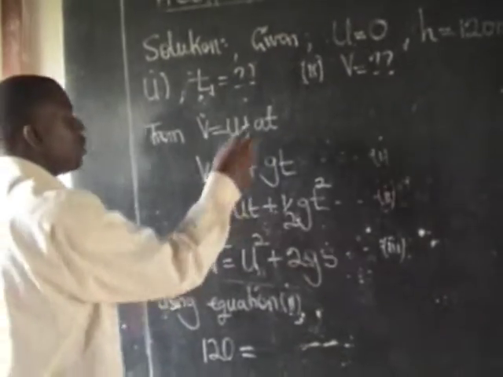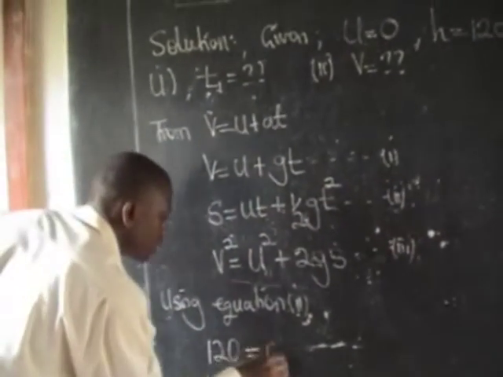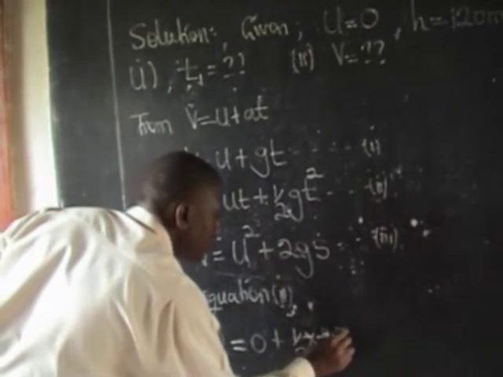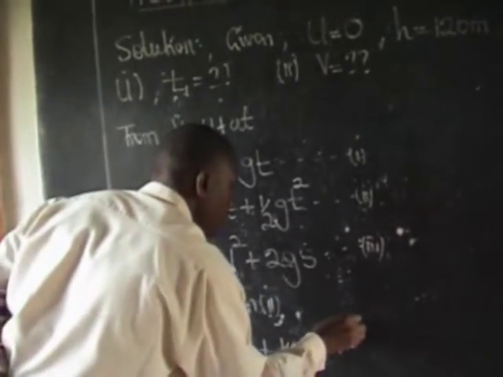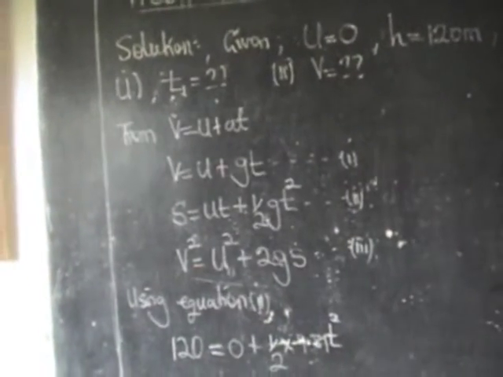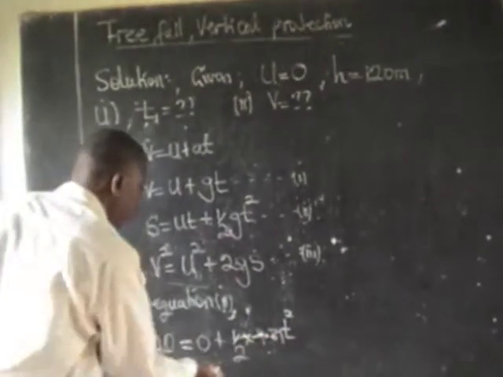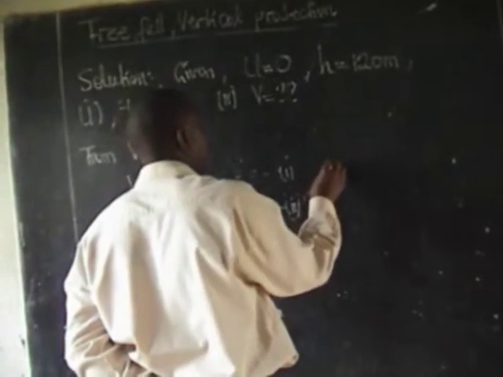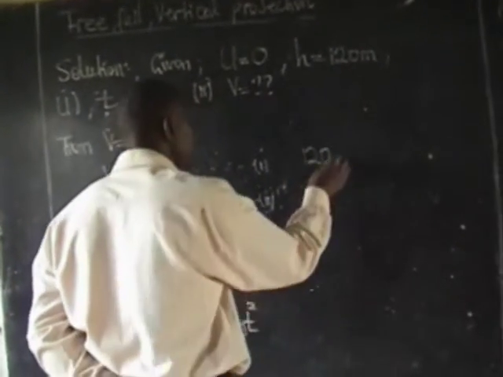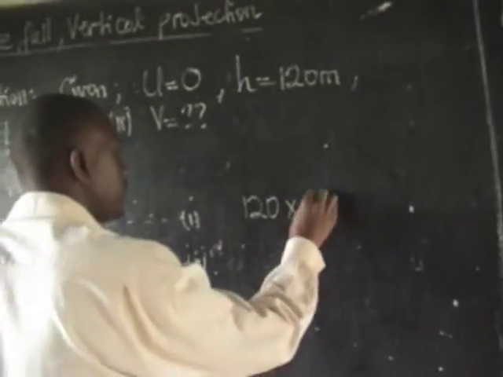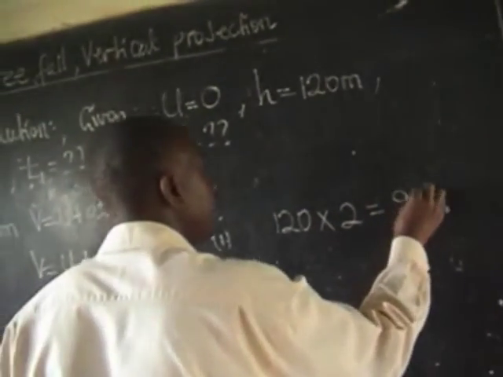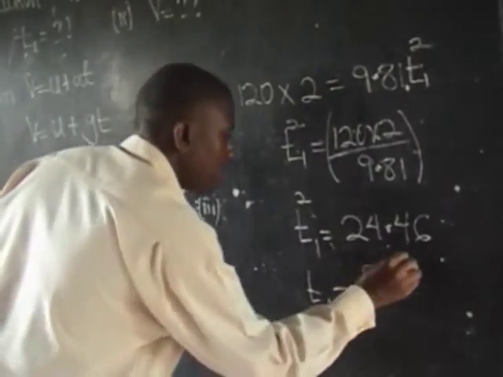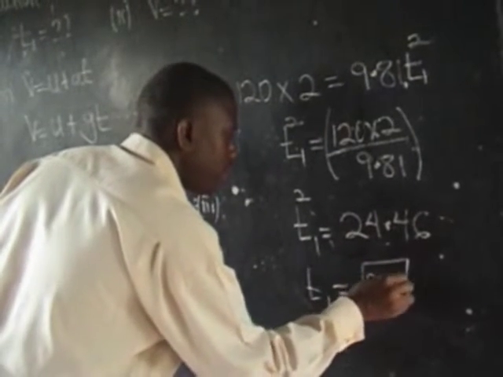Our initial U was 0, so 0 times T will get a 0 plus a half times 9.81 T squared. Since we are now looking for T, we are going to make T the subject. So when you cross multiply, we shall get 120 times 2 is equal to 9.81 T squared. So T1 is equal to the square root of 24.46.